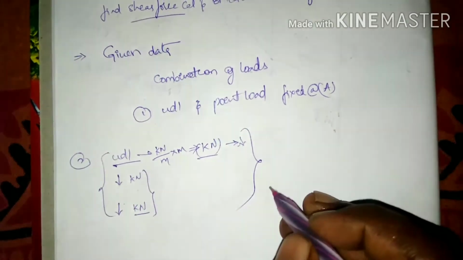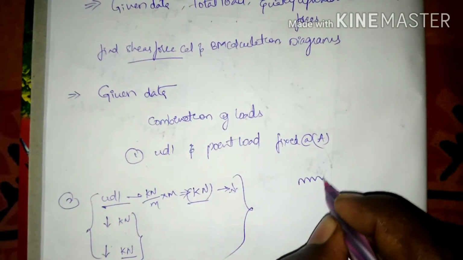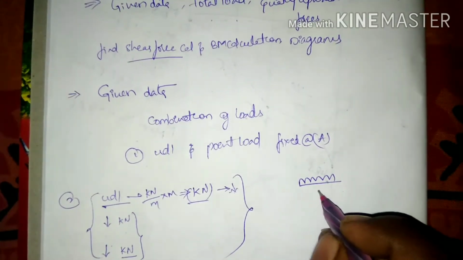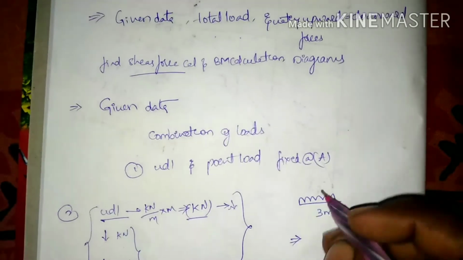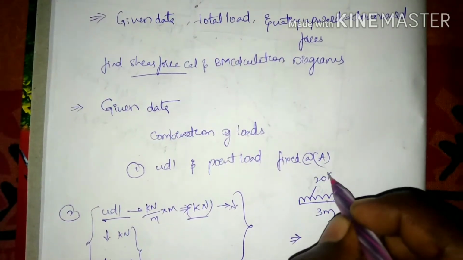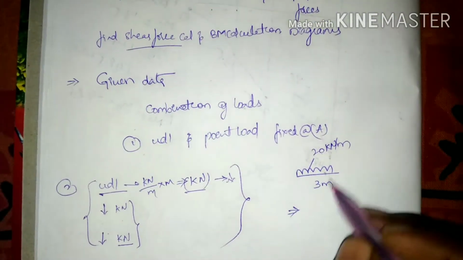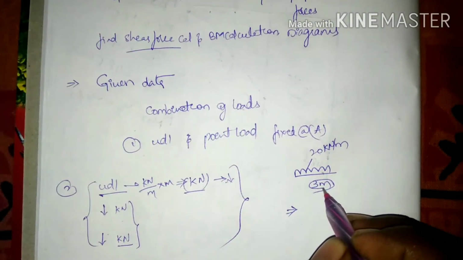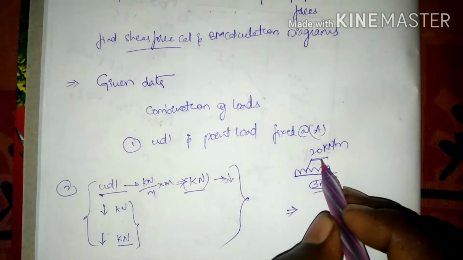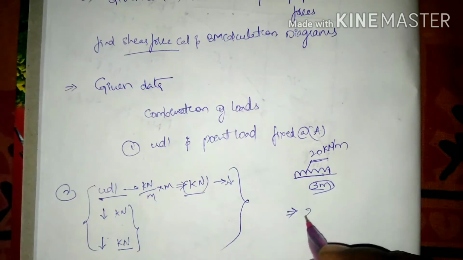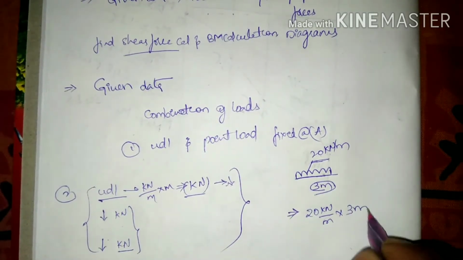While converting, here the UDL is acting for only 3 meters and we are having the load of 20 kilonewton per meter, and we have to multiply the meters over which the UDL acts and the magnitude of the UDL, that is 20 kilonewton per meter into 3 meters.